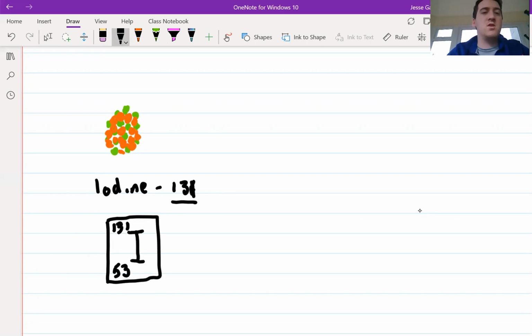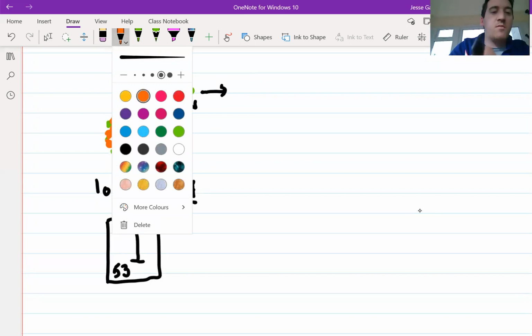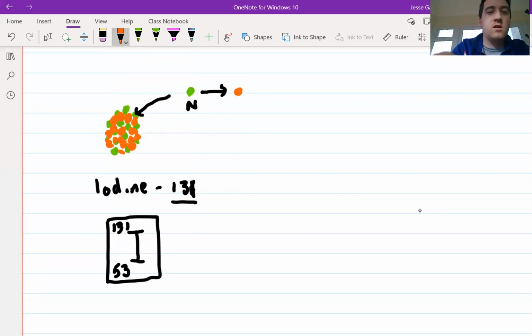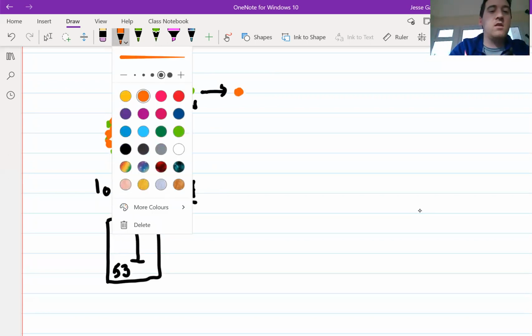Okay, so what happens during beta decay? What happens during beta decay is this guy here, one of the neutrons. This is a neutron, so we're going to draw it with a green dot. A neutron splits to produce a proton. That sounds crazy. This is the first time you're ever hearing that this can happen.